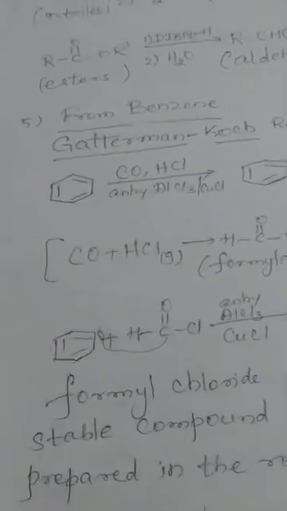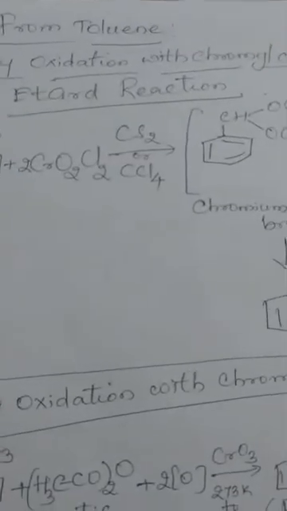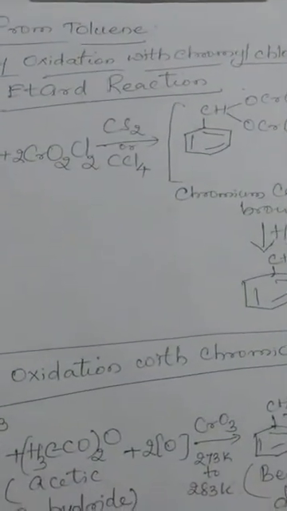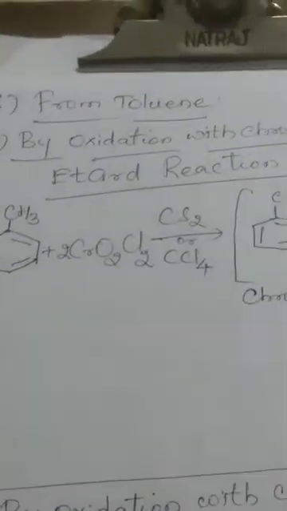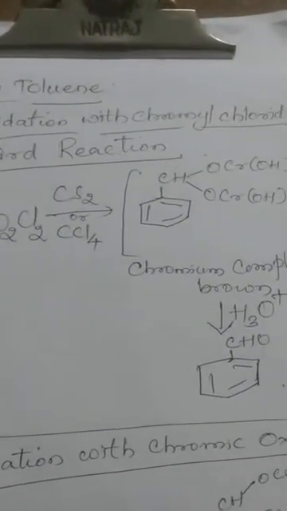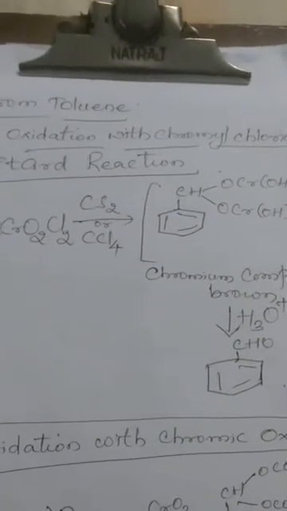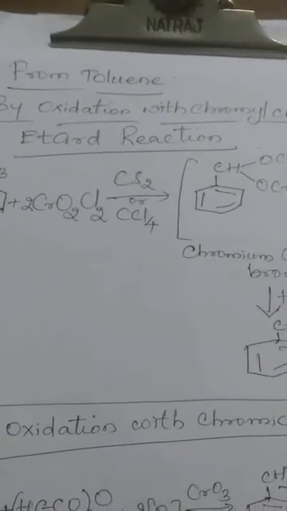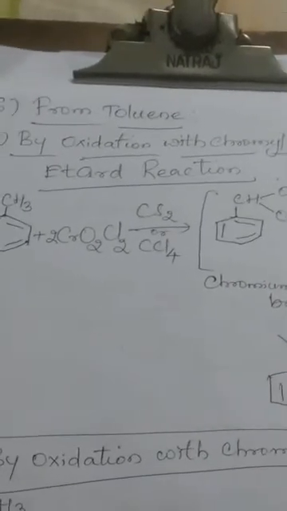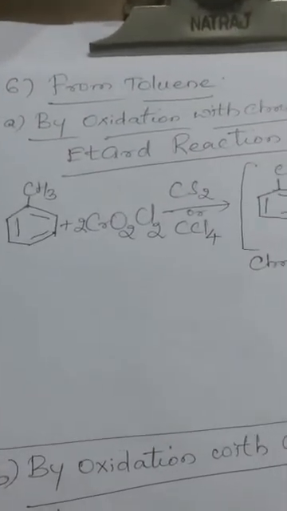Now the next method of preparation is from toluene. There are different methods from toluene. The first one is by oxidation with chromyl chloride. CrO2Cl2 is called chromyl chloride. While carrying out your salt analysis in the laboratory, in the confirmatory test for chloride, you have come across chromyl chloride, which has the formula CrO2Cl2.